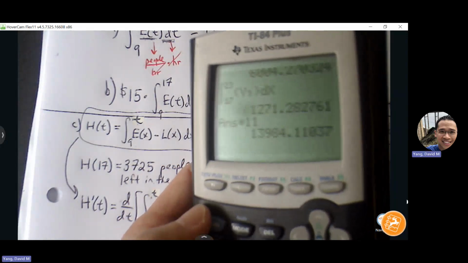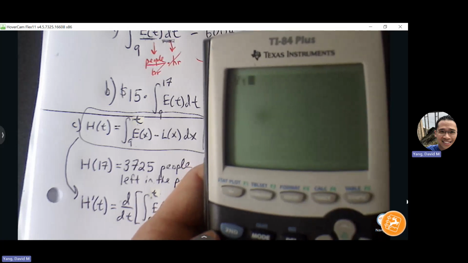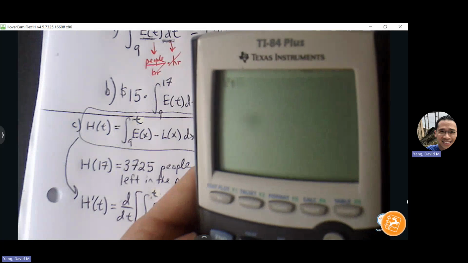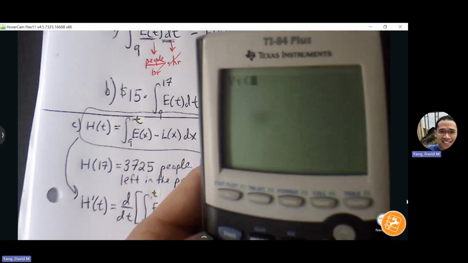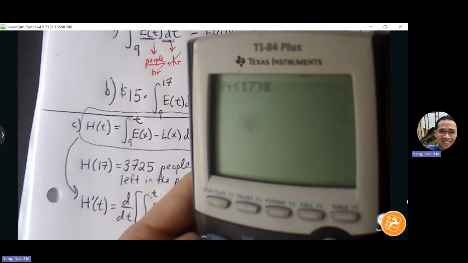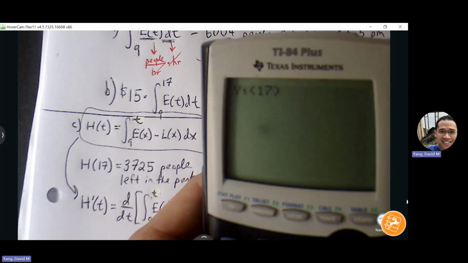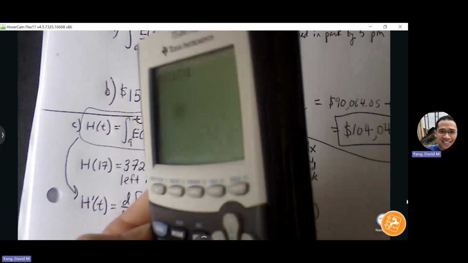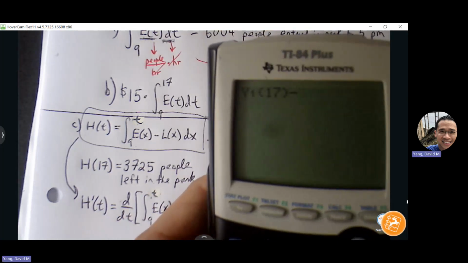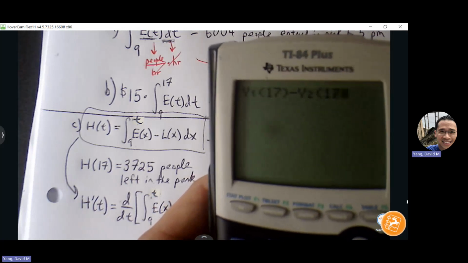Okay, going back to my home screen here. If you do alpha trace y1, this is basically holding my E of t. If I do parentheses 17, then it's just going to plug in 17 directly into all the variables for me. So that's nice. So this is basically just going to be my E of 17 minus L of 17. Okay, alpha trace y2, parentheses 17.